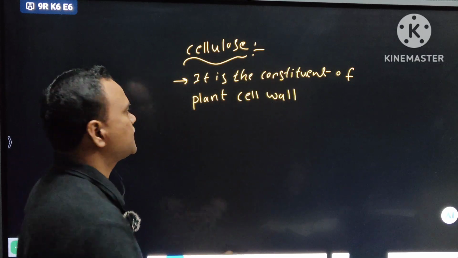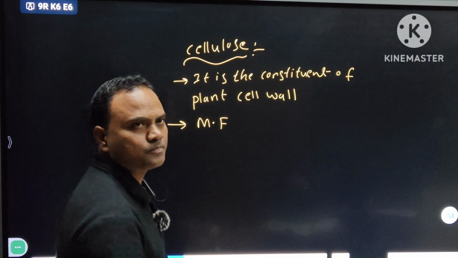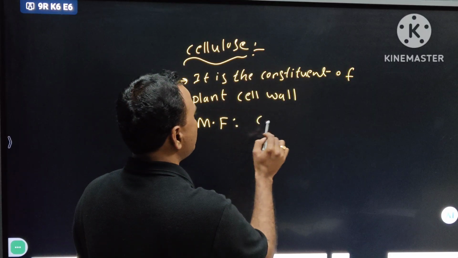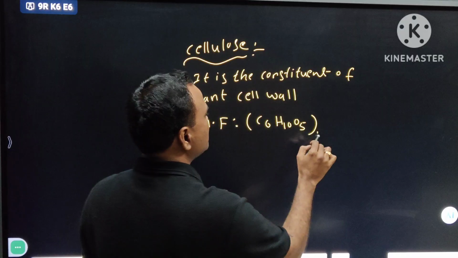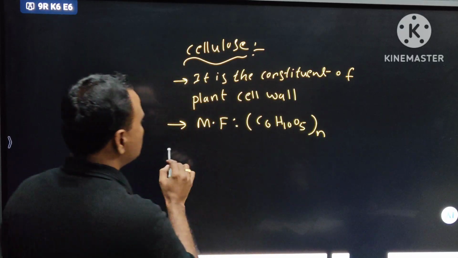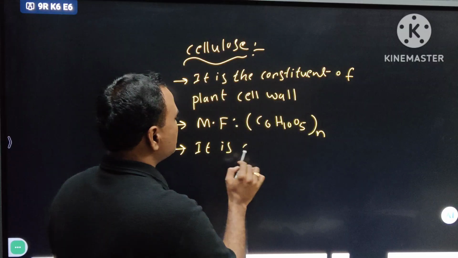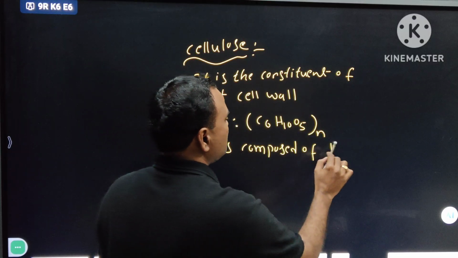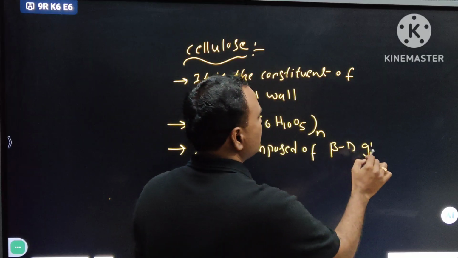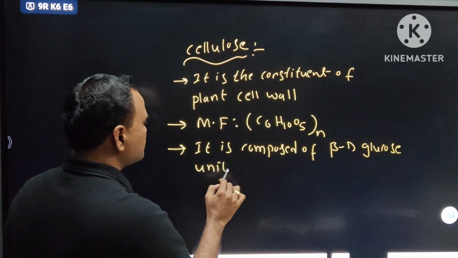The molecular formula is the same, C6H10O5 taken n times. It is composed of beta D glucose units.